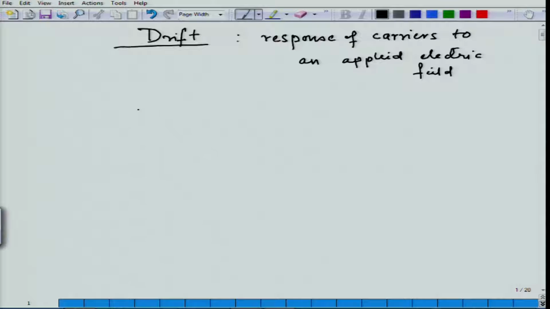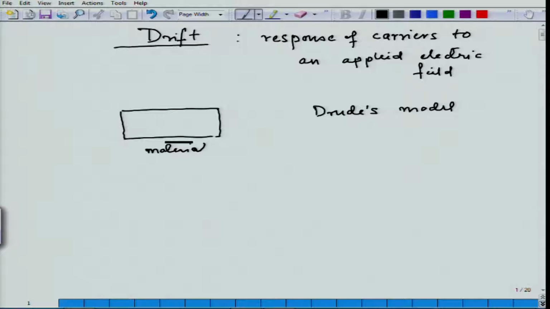We started with how we understand conduction of electricity in a material, and the discussion started with Root's model, where if we have any material and we apply a bias to this, we know that this will follow Ohm's law, which is basically current density, that is current per unit area in the conductor, given by conductivity times the electric field.